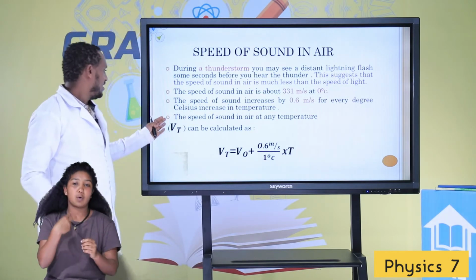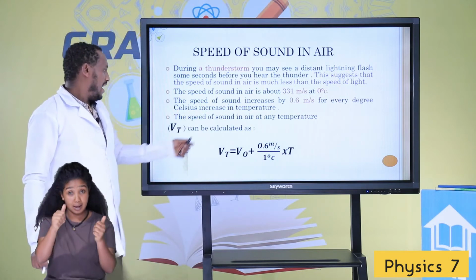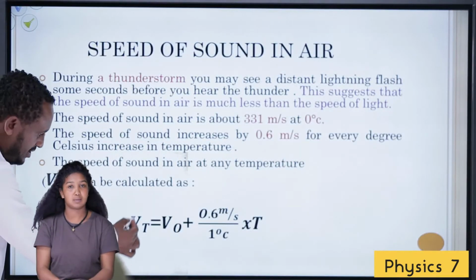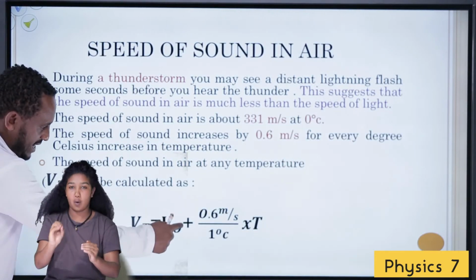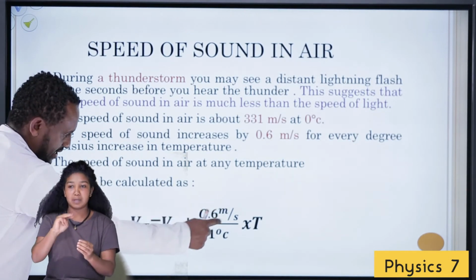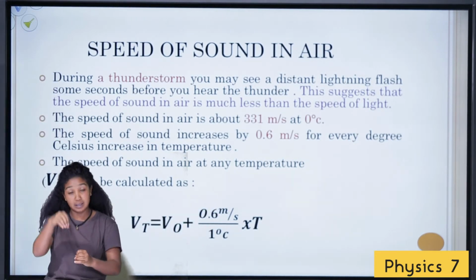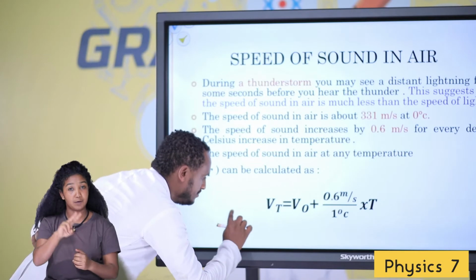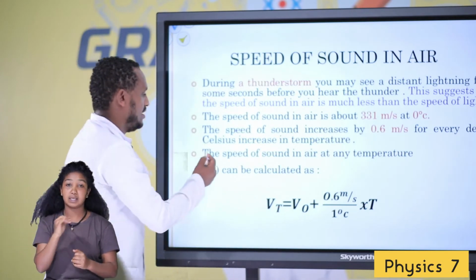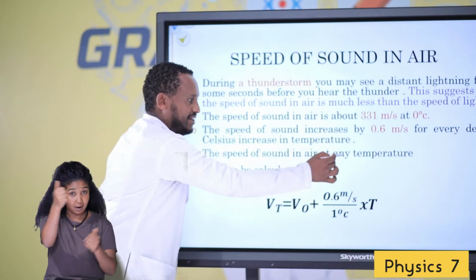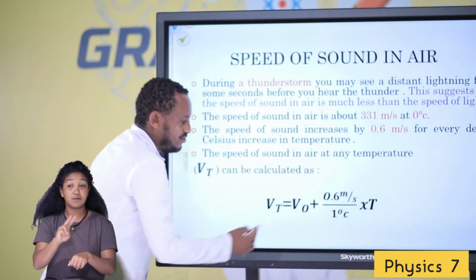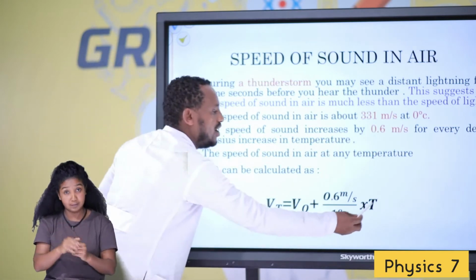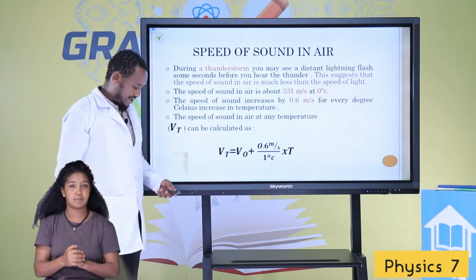The speed of sound in air at any temperature, that is Vt, can be calculated as Vt equals Vo plus 0.6 meter per second over 1 degree centigrade times temperature, where Vt is the speed of sound in air at any temperature, and Vo is the speed of sound at 0 degrees Celsius. Let me show this by example.